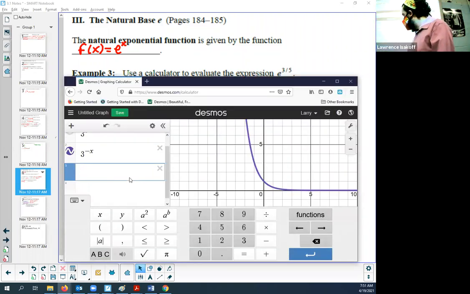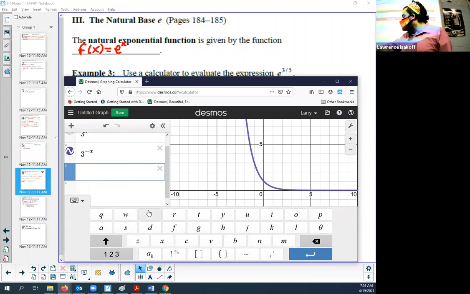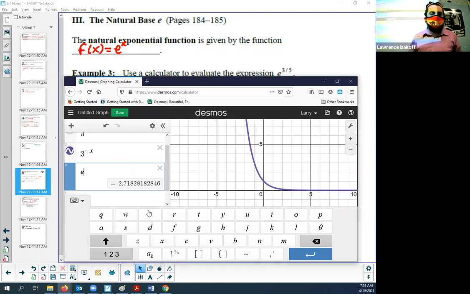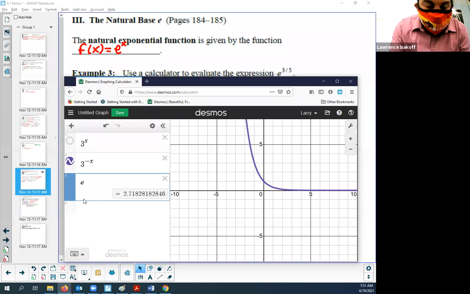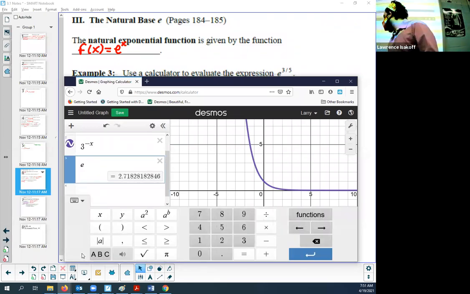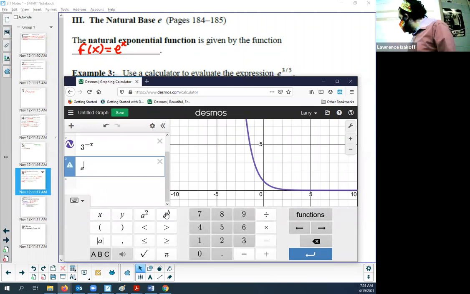I don't see e right here, but if you hit ABC on the keyboard, you can hit e. And notice, it's already started to give us that decimal for e. You can do it on the keyboard, or you can just type the letter e on your keyboard yourself. And that's to the 3/5.